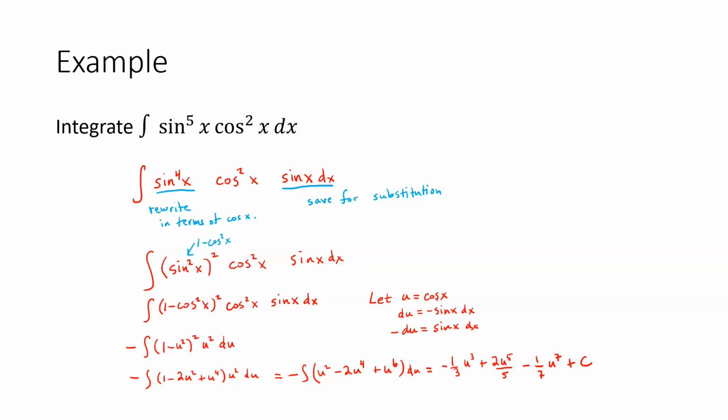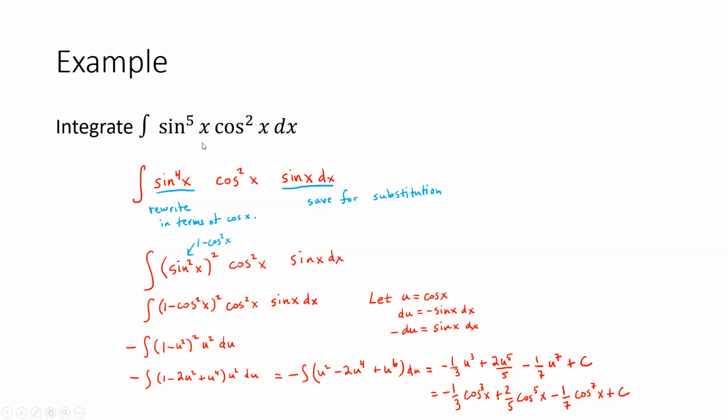And then finally we can put the u equals cosine x back in. So we got negative 1/3 cosine cubed plus 2 over 5 cosine to the fifth minus 1 over 7 cosine to the seventh. There we have it.